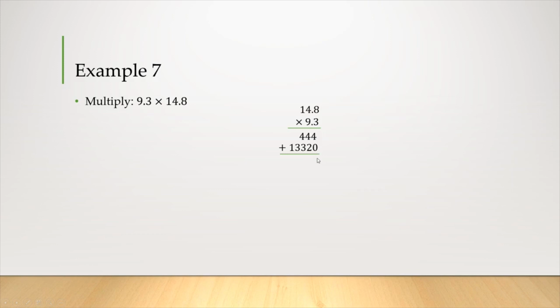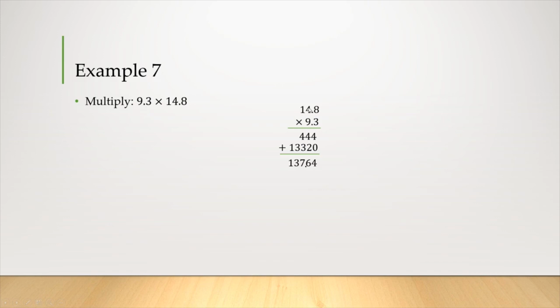So 4 plus 0 is 4. 4 plus 2 is 6. 4 plus 3 is 7. 3, 1. Now do the decimal place. If I count here, there's 1 and then 2. So I would do 2 decimal places, 1 and 2. And so my final answer is 137 and 64 hundredths.